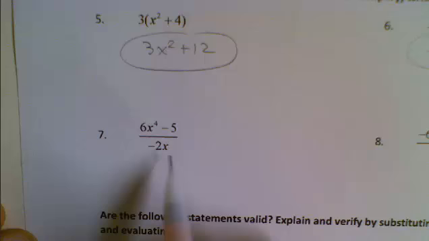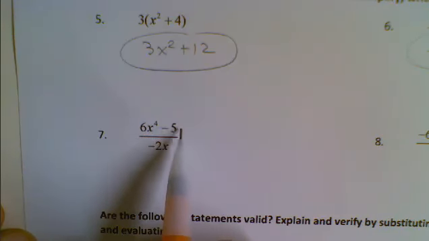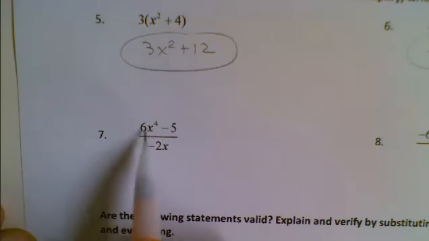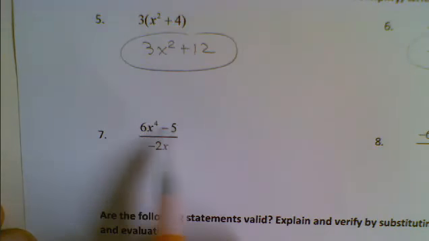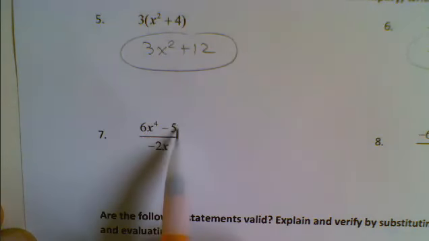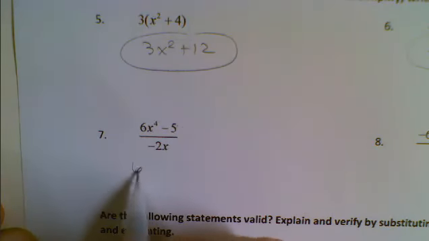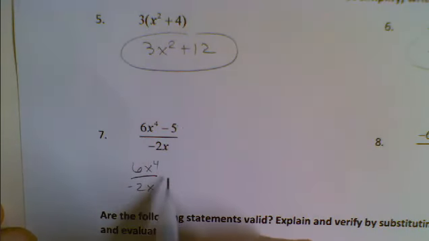When you have fractions, I'm looking to see that you see what simplifies. Now, if something's going to come out of this, it has to come out of all 3 terms. Everything in the numerator, which has 2 terms, and the 1 term in the denominator. So nothing is common to all of those. So really, as far as canceling anything out, I can't cancel anything out. The only thing I really could do is break it up into 2 fractions. So, you know, in this one, if you said does not simplify, I'm okay with that.